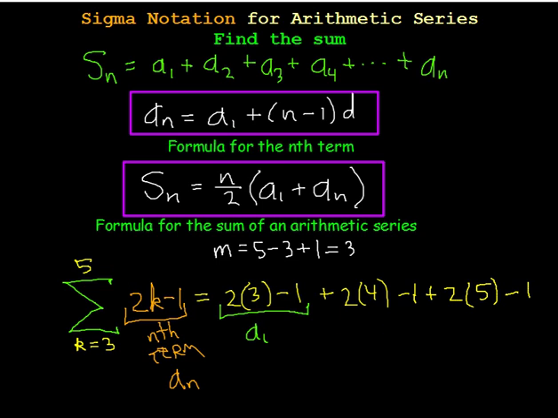So I now have my a sub 1, my a sub 2, and my a sub 3. There's my 3 terms. And as I predicted earlier, I knew that I was going to have 3 terms because of my little calculation here. Now, if I go and evaluate those and add them together, I'll get the sum of this whole sigma thing. Let's give it a try.